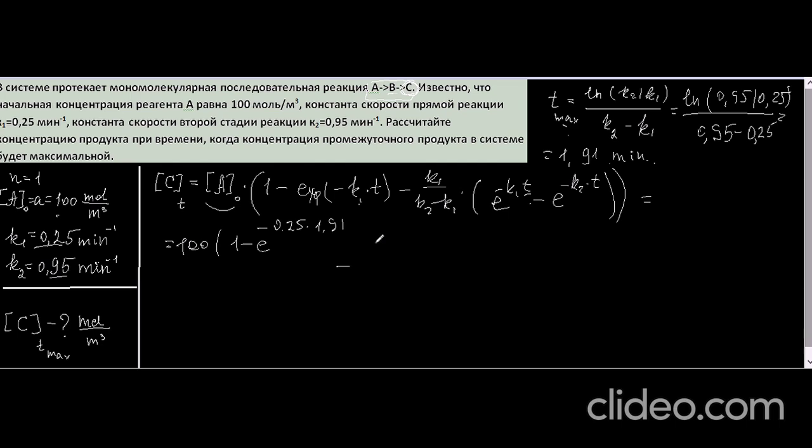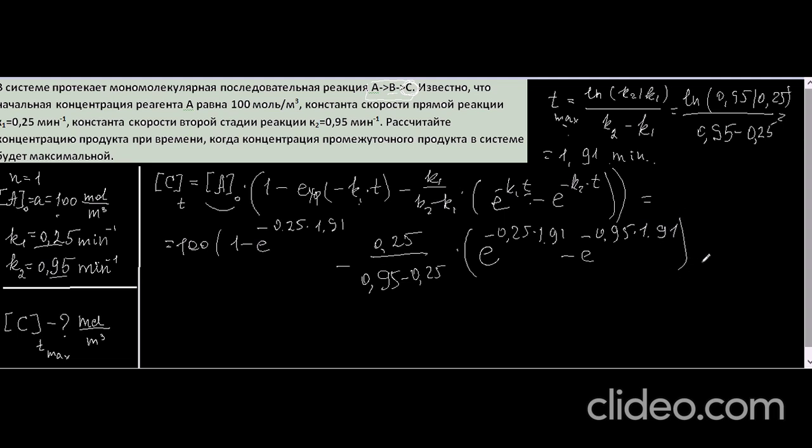Then minus 0.25 over 0.95 minus 0.25, times exponent raised to minus 0.25 times 1.91 minus exponent raised to minus 0.95 times 1.91.